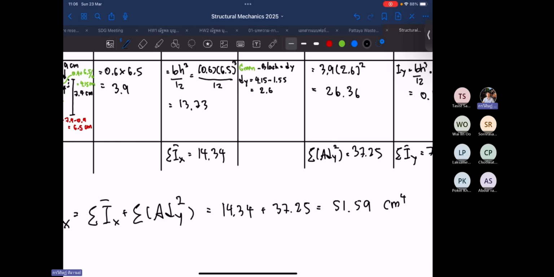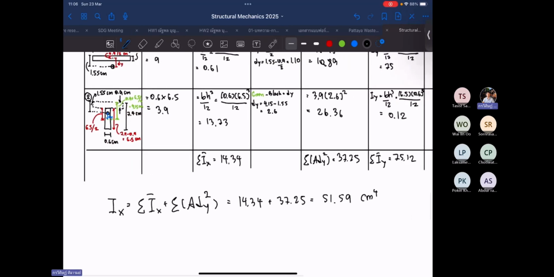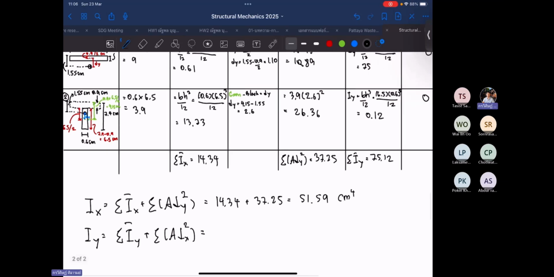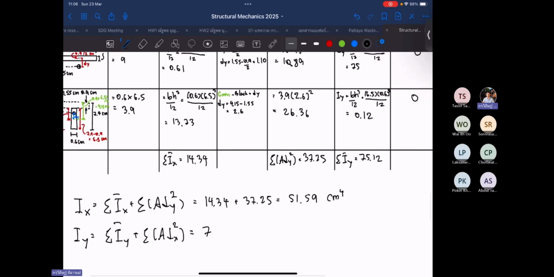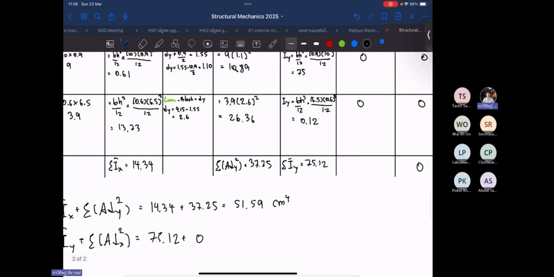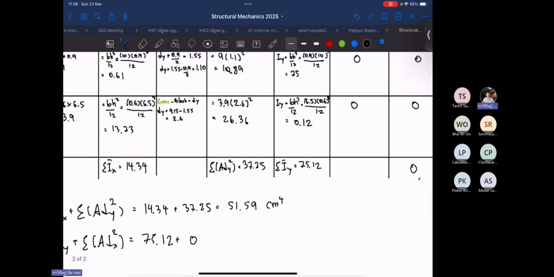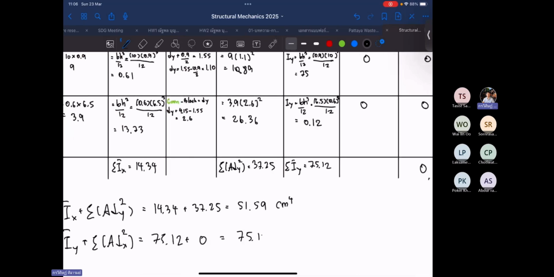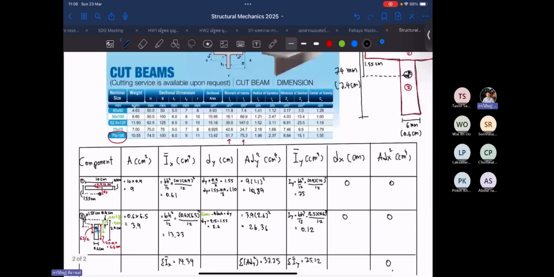The unit is centimeter to the power of 4. And for Iy, equal to sigma I y bar plus sigma A dx squared. I y bar is 75.12, plus A dx squared is just 0. So this one is 75.12 centimeter to the power of 4. Okay, let's check.